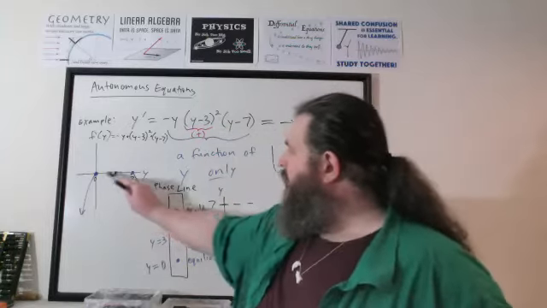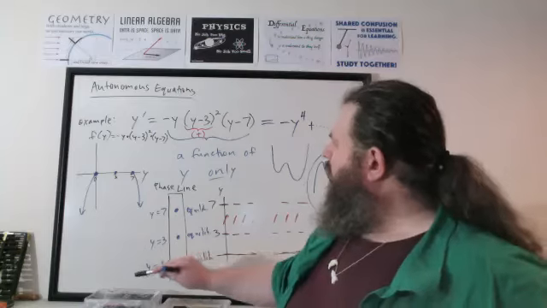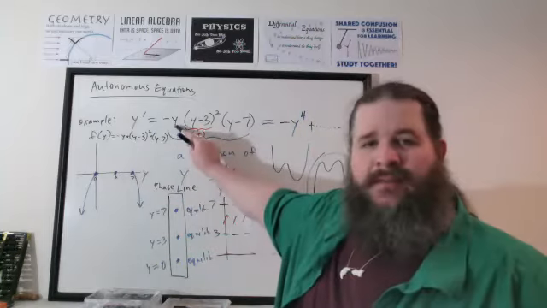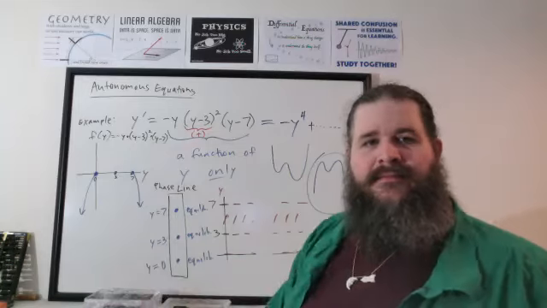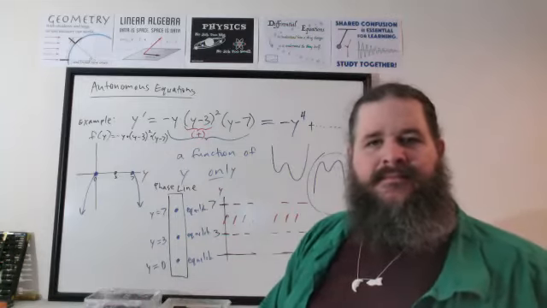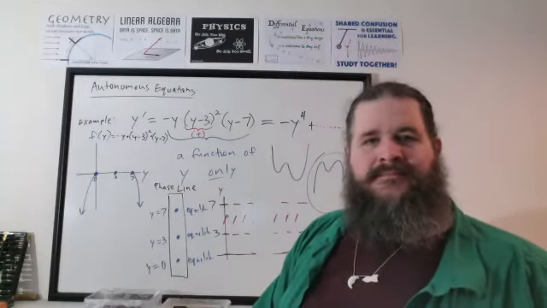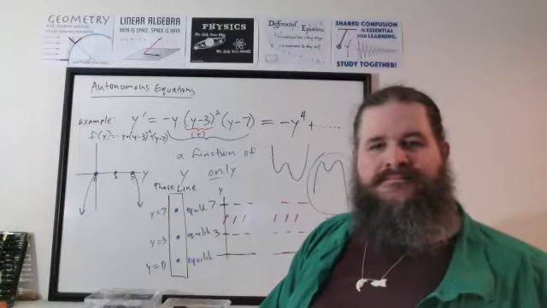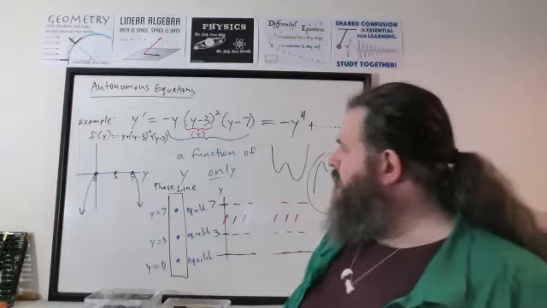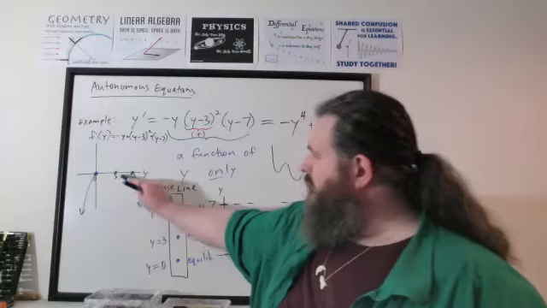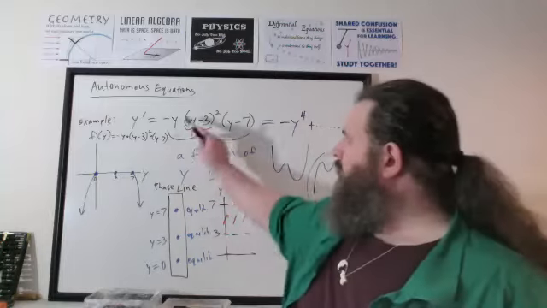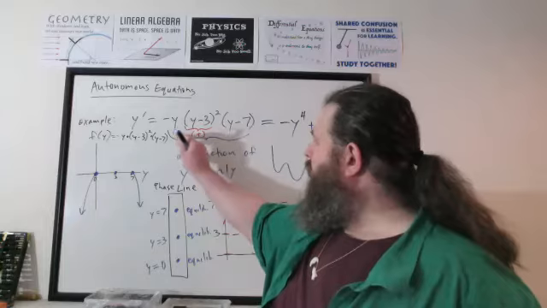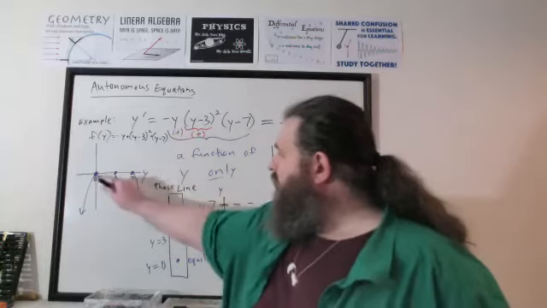If we're between 0 and 3 or between 3 and 7, is y going to be positive or negative? If we're to the right of 0, y is going to be positive, right? So in this region, y is positive, and we haven't gotten to 7 yet.